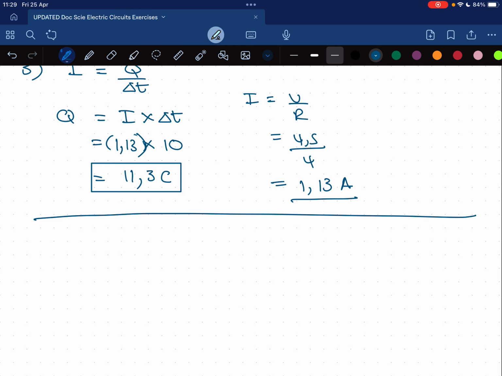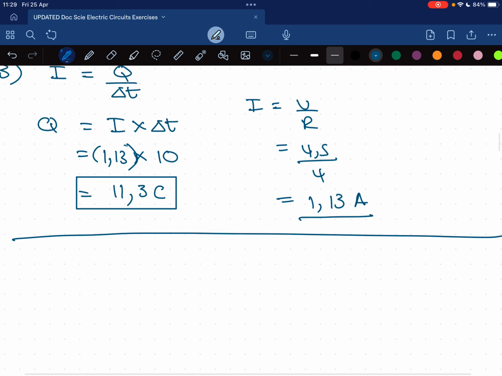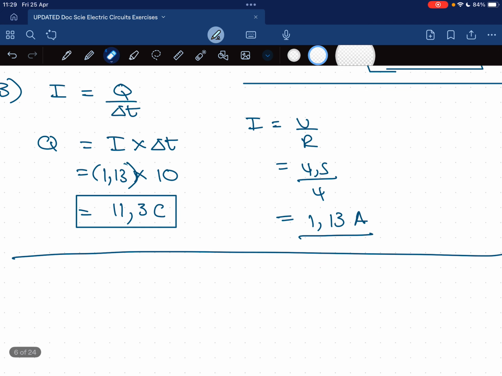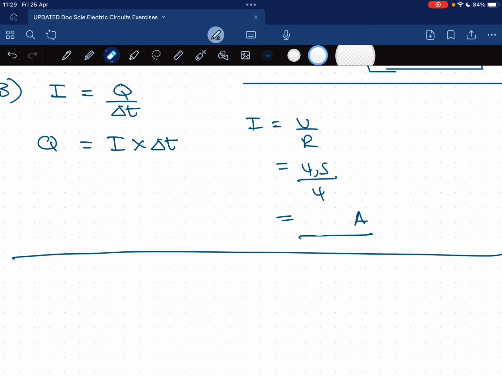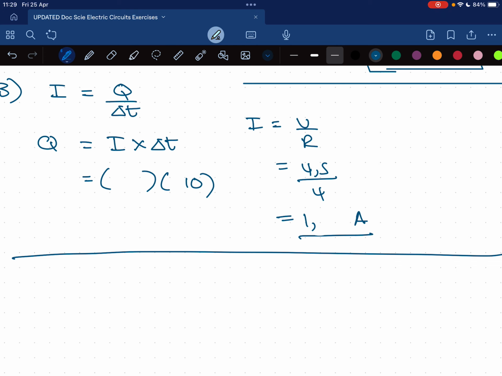So I actually think I made the mistake. I shouldn't have rounded off early. So let me go back and change this. So don't round off early, like I did, because it is going to give you a faulty answer. It's supposed to be 1.125 multiplied by 10, which in this case gets you to 11.25 coulombs.